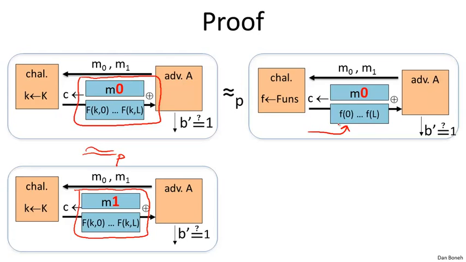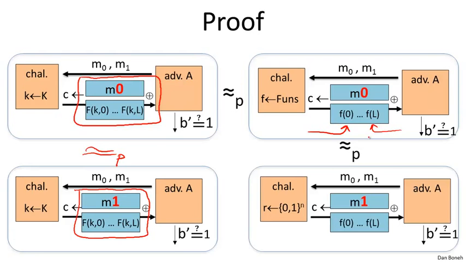But now, because f is a truly random function, the pad here is a truly one-time pad, and therefore no adversary can distinguish an encryption of M0 from an encryption of M1 under the one-time pad. So again, these two distributions are the same. In fact, here there's an actual equality. These two distributions literally are the same distribution. And similarly, when we go back from a truly random function to a PRF, because the PRF is secure, the adversary can't distinguish these two bottom distributions, the left from the right.